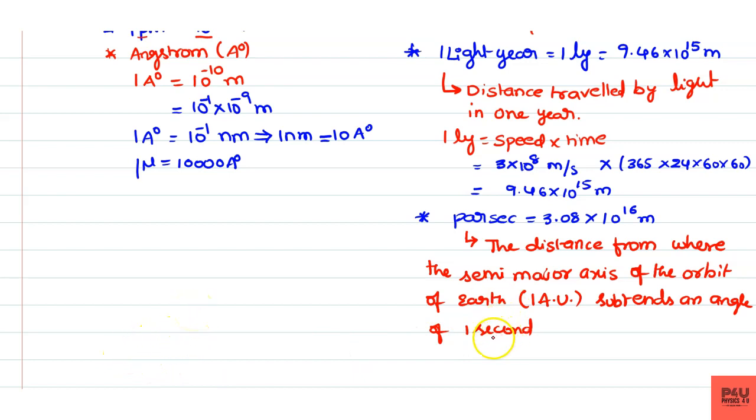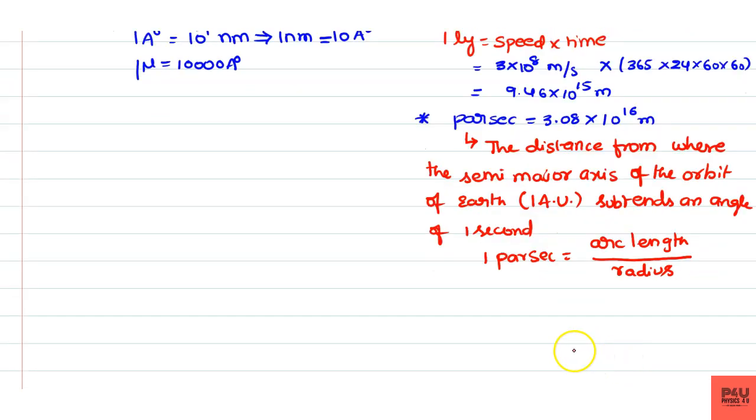So 1 parsec is equal to arc length by radius. By using this formula we can calculate the parsec value.